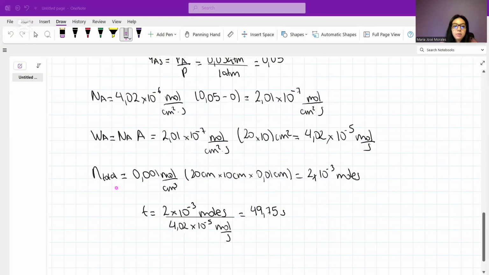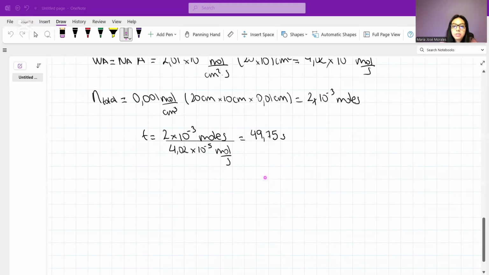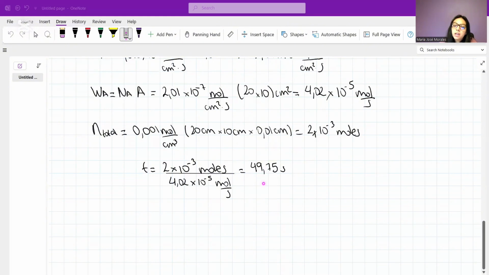Then to calculate the mole, we have to use this formula, which gives us 2 times 10 to the minus 3 power. And we replace these results in the formula that we have here and give us a final result of 49.75 seconds.